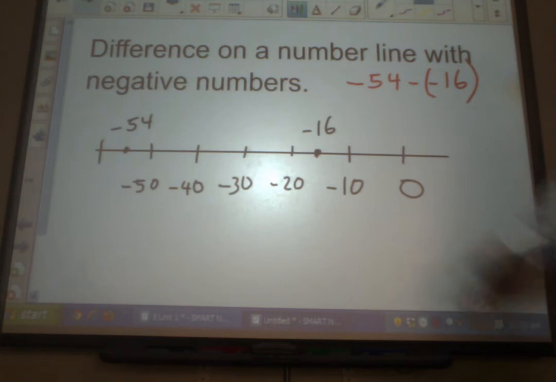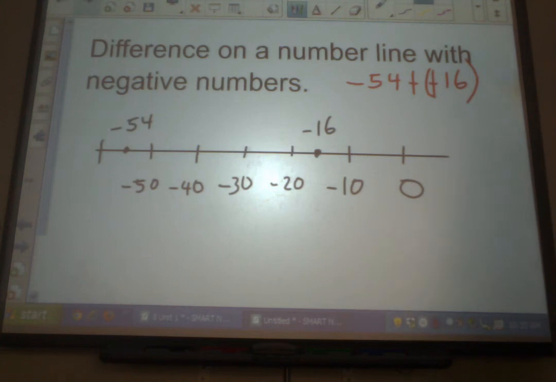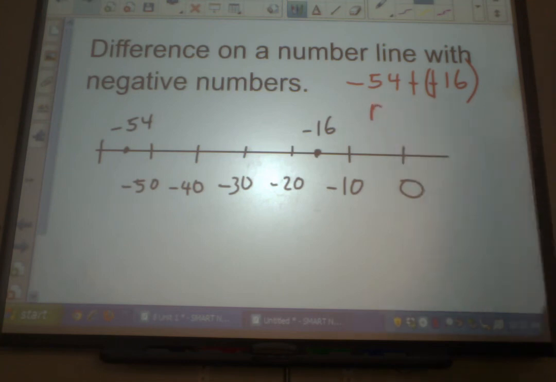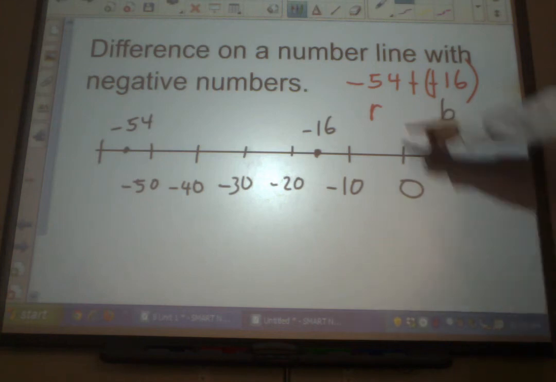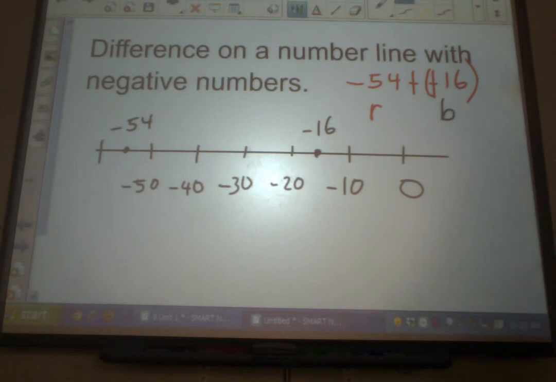Okay? Just like before, we've got to keep, change. And now let's examine this kind of with our colors. We've got negative 54, which is red. Negatives are red. We've got positive 16, which is black. Anytime we have two different colors, it means we're going to be canceling or subtracting.